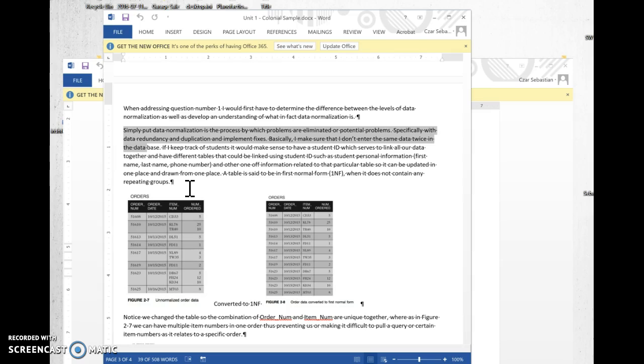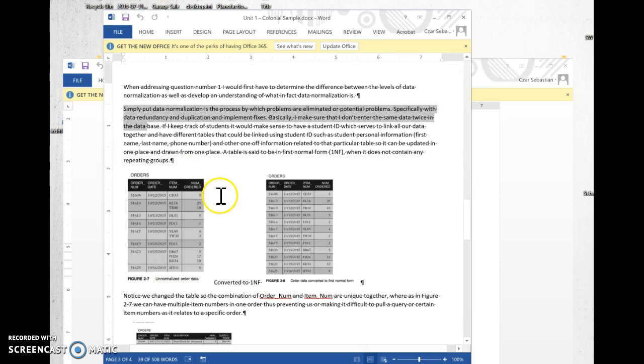I'd have huge amounts of data redundancy. And when I went to update the first name or the last name of that particular student, I would be stuck with, oh my gosh, now I have to update however many records there are, and there would inevitably be mistakes.